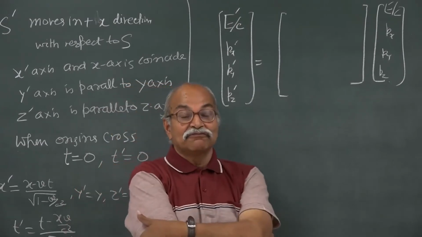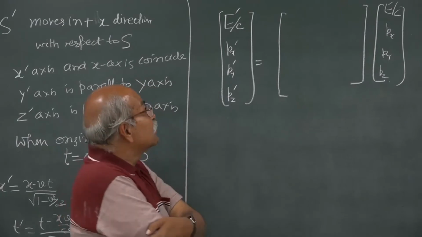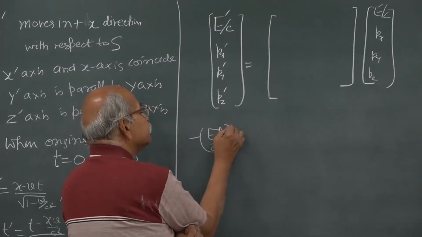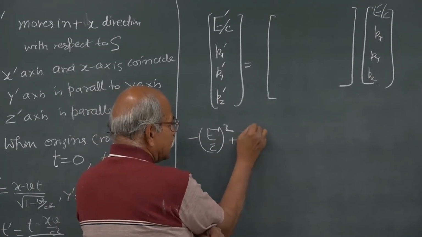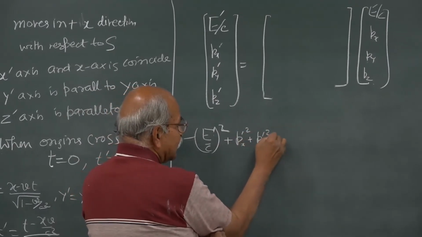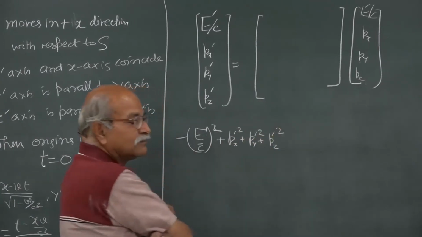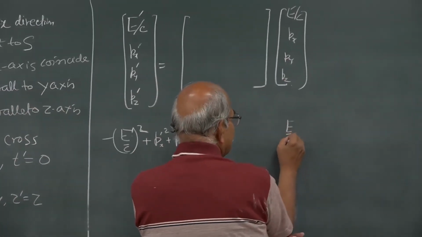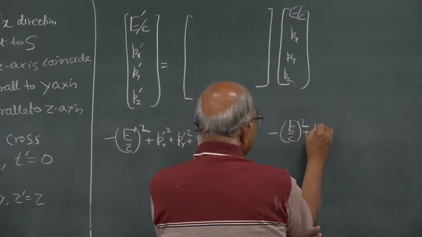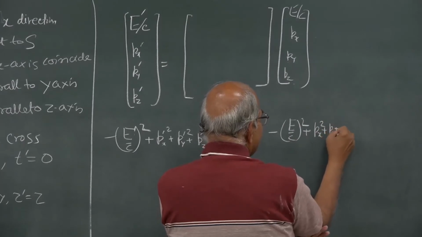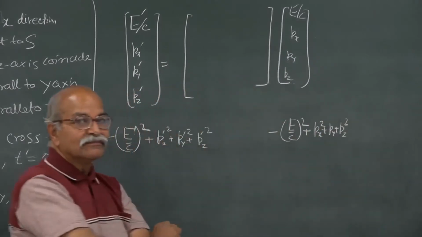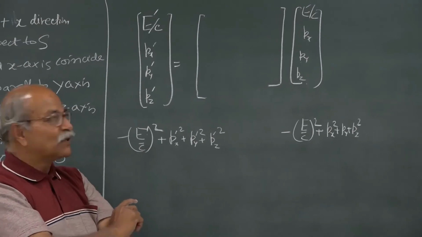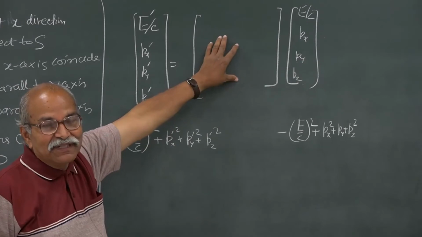But one thing I can be very sure of: if I consider this quantity, minus E prime by c square plus Px prime square plus Py prime square plus Pz prime square, and here I construct this quantity, minus E by c square plus Px square plus Py square plus Pz square, they are going to be the same, whatever this matrix is.